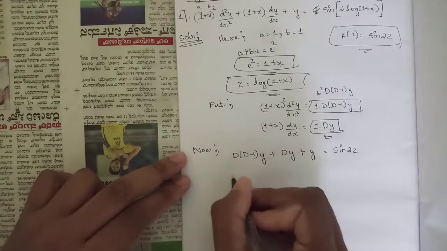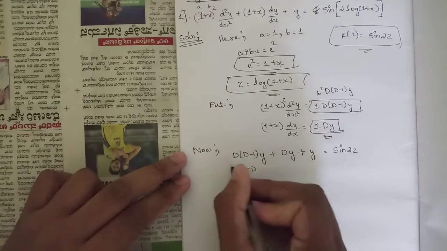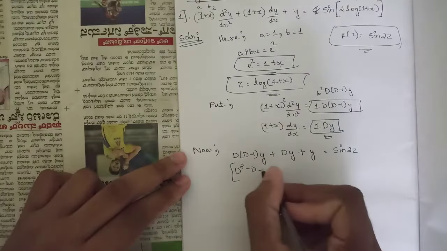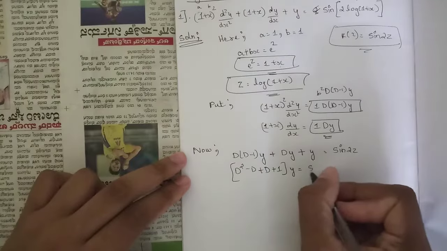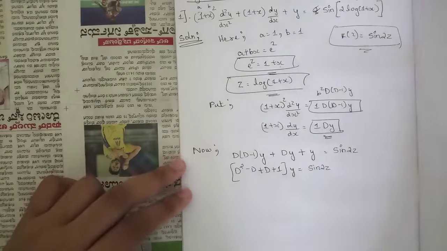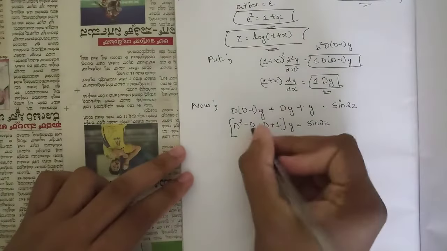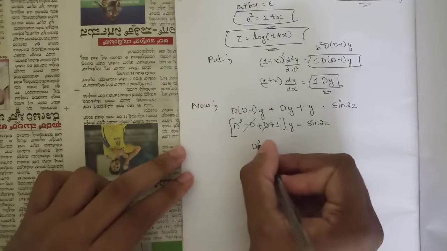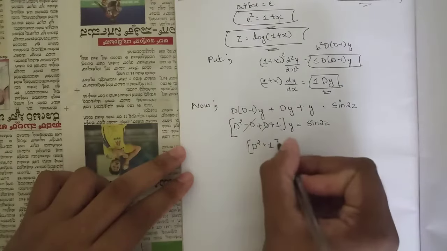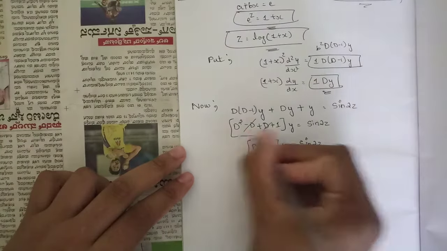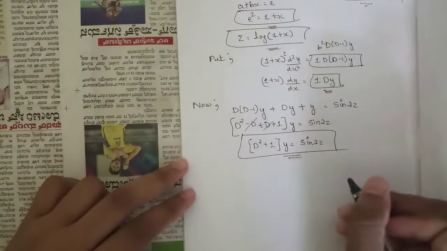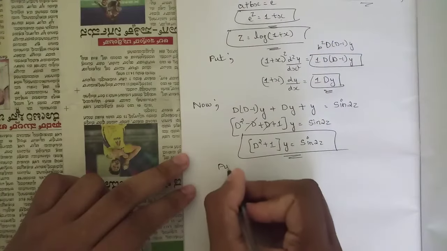So now multiply: d square minus d plus d plus 1 into y is equal to sine 2z. So minus d plus d goes, so the remaining terms are (d square plus 1) into y is equal to sine 2z.